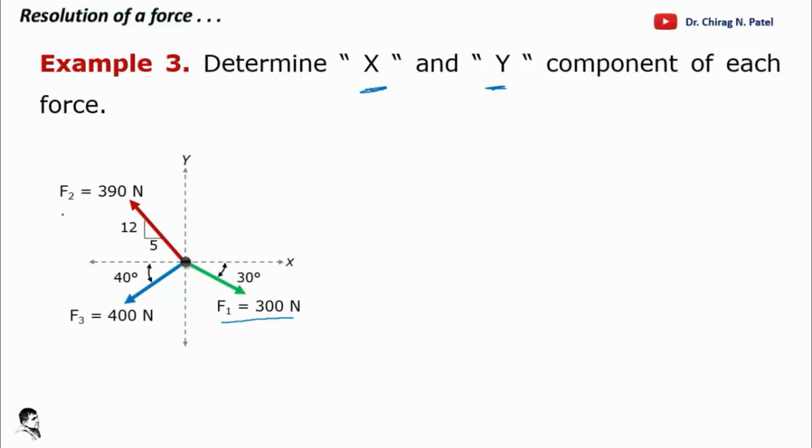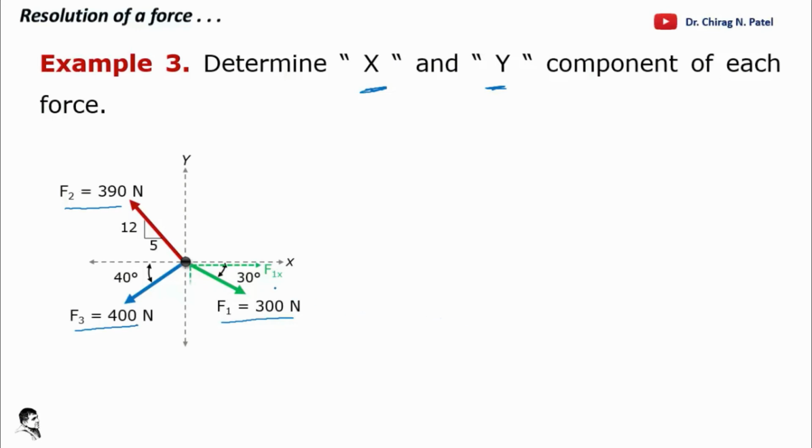Second force is given, F2, 390 Newton, that makes an angle with some slope, and the third force is F3, that is 400 Newton, that makes 40 degrees with the negative x direction. So for that the components of the different forces are like this.